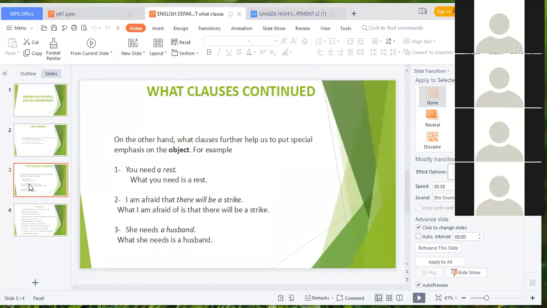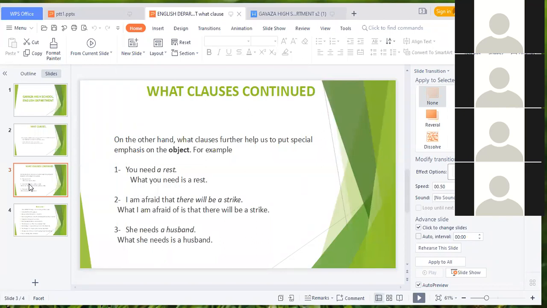What we should notice is that we should retain the tense of the sentence. I'm afraid is present tense, and that there will be is the future on the other side. So, what I'm afraid of is that there will be a strike. You need a rest. So the answer will be what you need is a rest, not what you needed.